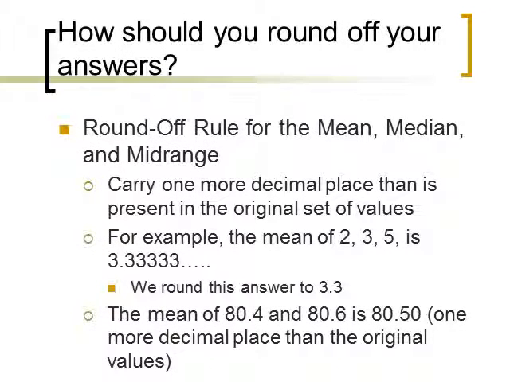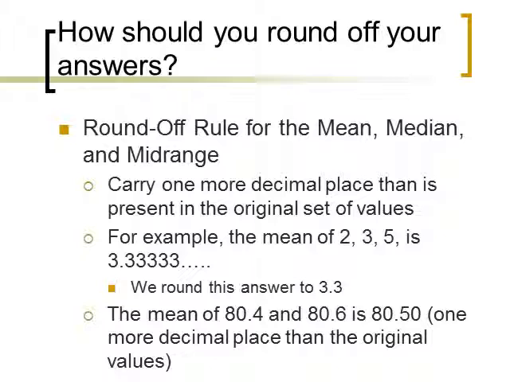Many students question how to round the answers that they get in the calculator, and so we have some suggestions for doing that. The round-off rule for the mean, median, and mid-range: always carry one more decimal place than is present in the original set of values.